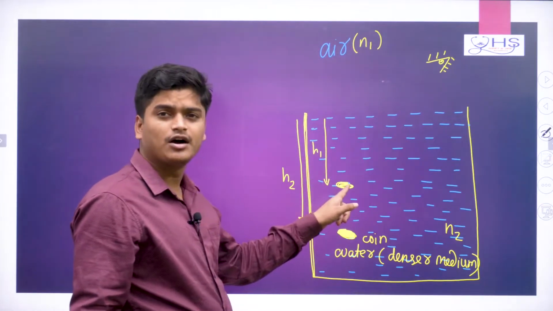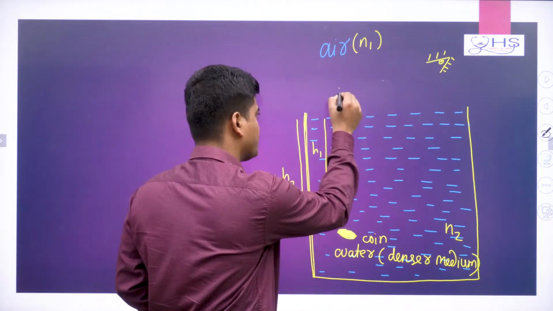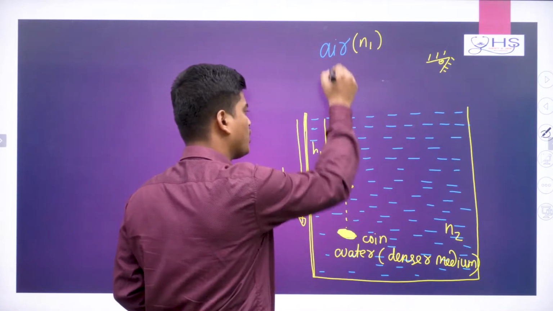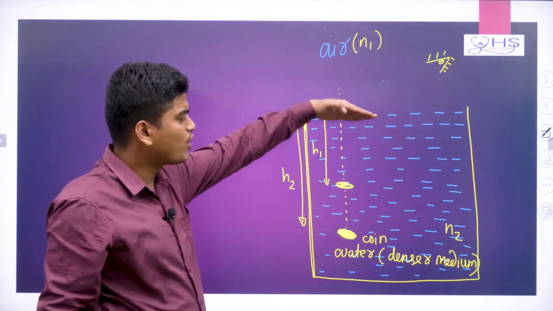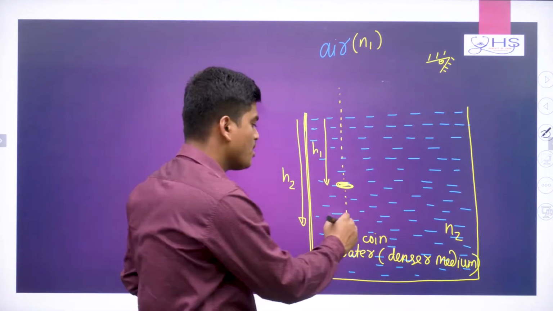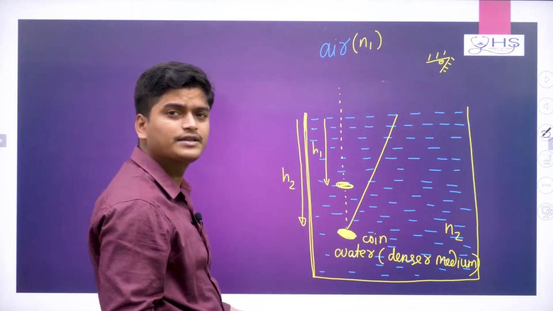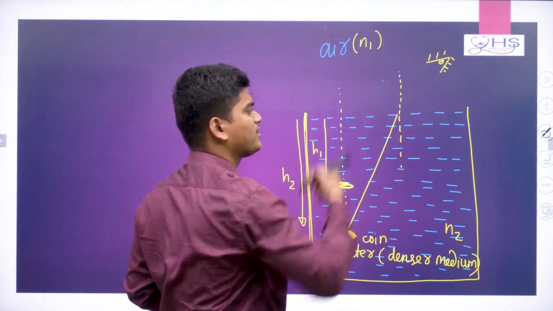So how does this picture come about? Here I will take this as the normal. If I put a light ray perpendicular to the surface of water, the ray will go straight past. But if a light ray goes in this way, light is going from a denser medium to a rarer medium.